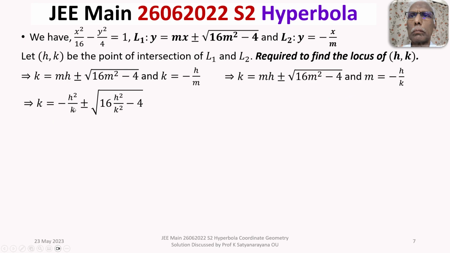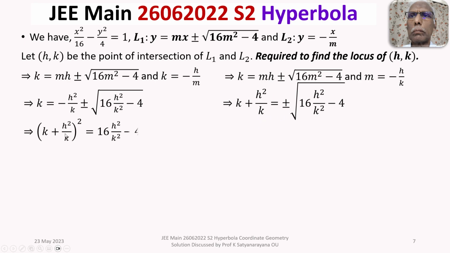Now bring the minus h square by k from the right hand side to the left hand side. Now squaring on both sides, we get (k plus h square by k) whole square is equal to 16 times h square by k square minus 4.